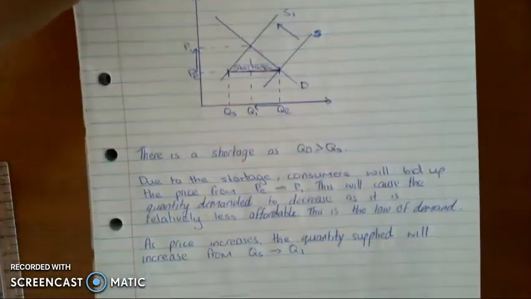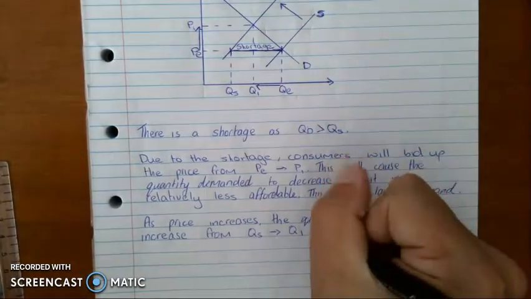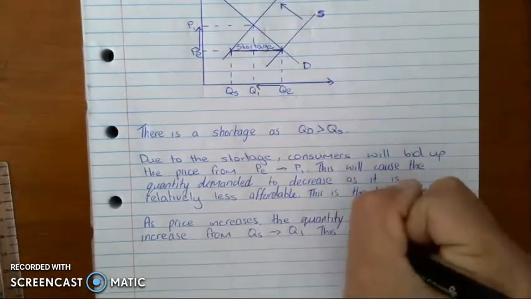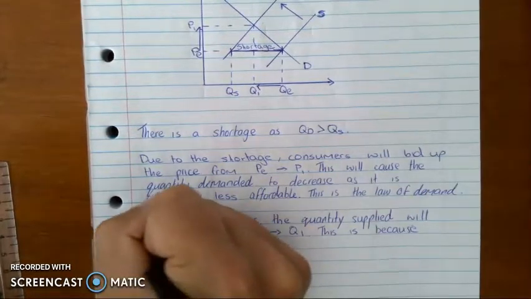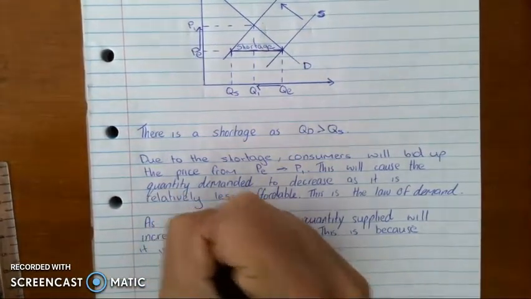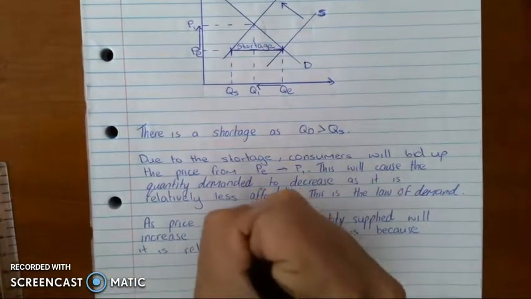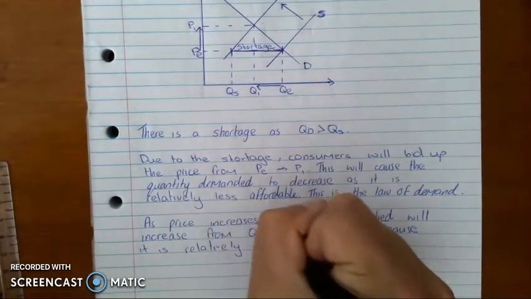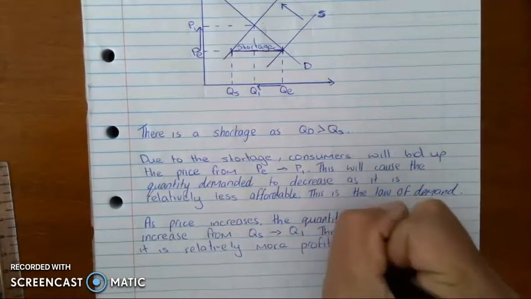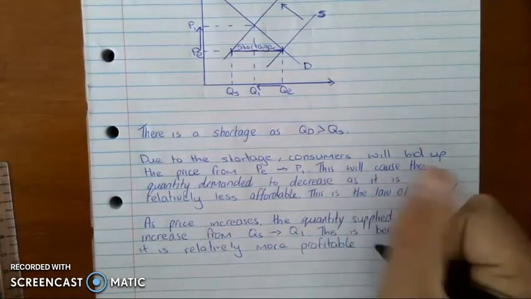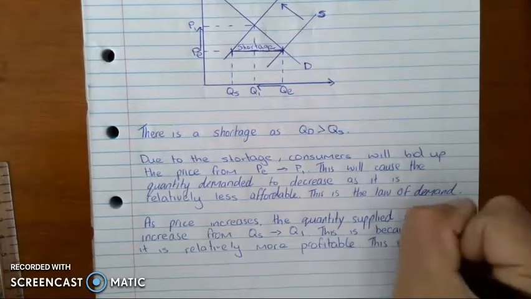Why is this? This is because it is relatively more profitable. Remember, producers, we talk about profit. And this is the law of supply.